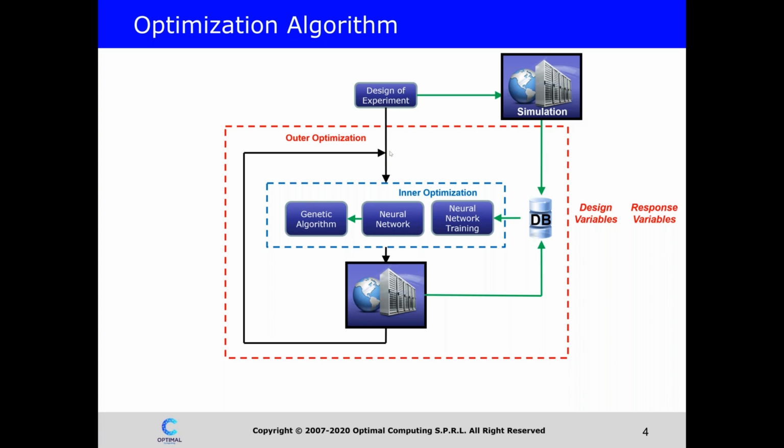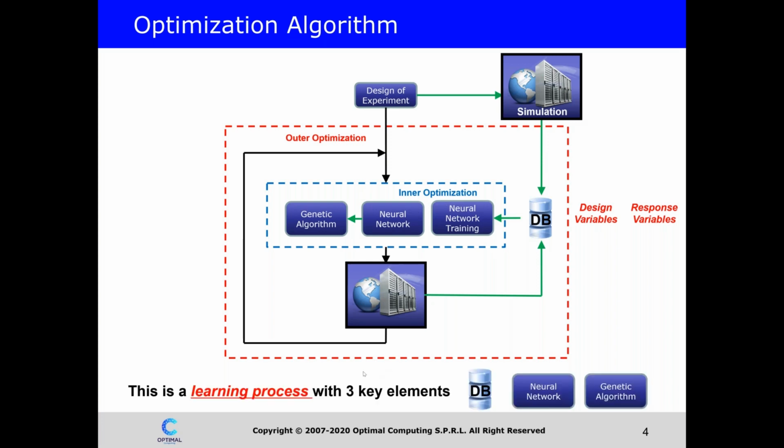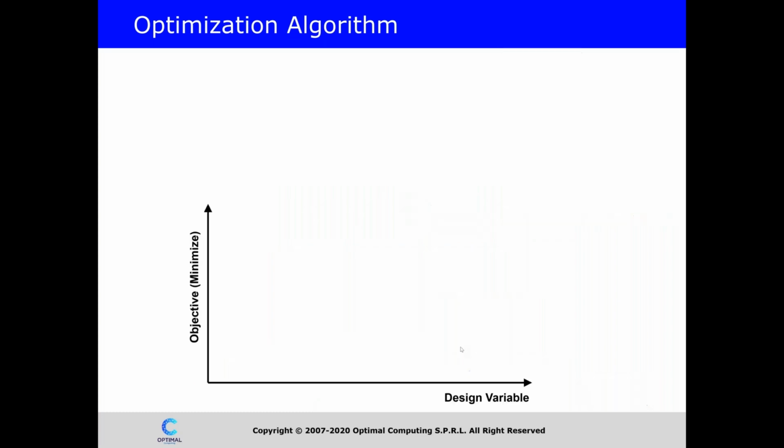We proceed in the same way, except that after one more simulation, we have one more sample in the database, and therefore the system is improving iteratively like this. And we have a kind of learning process with three key elements: a database, a neural network, and a genetic algorithm, which is there to find the optimum and to push the learning process.